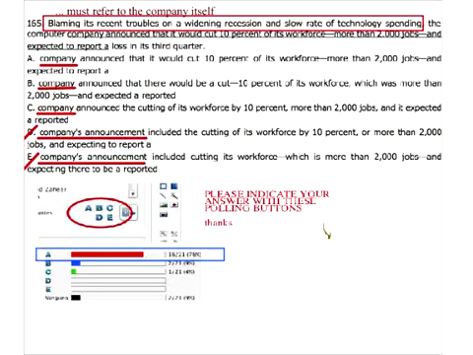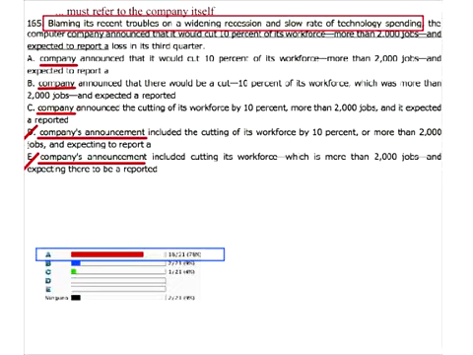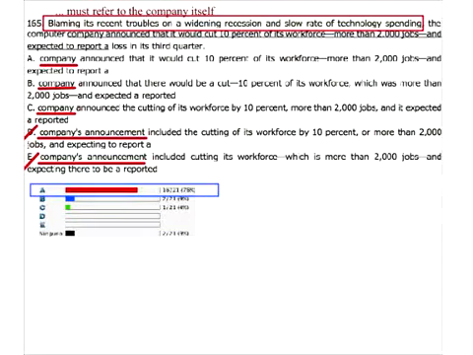So there you go. Quickly go through those three options and take a look at them. Remember that you want to figure out the meaning of the sentence first. The meaning of the sentence here is that the company announced two things. The first thing that it announced was that it would cut 10% of its workforce.